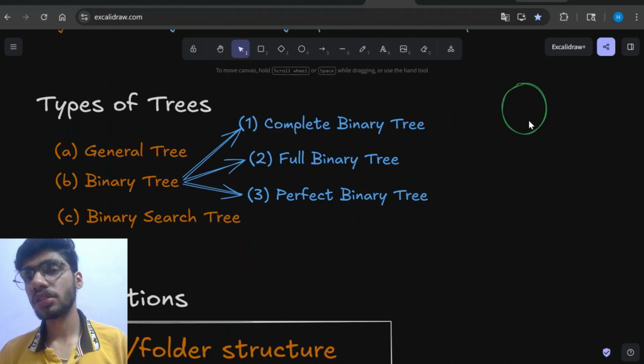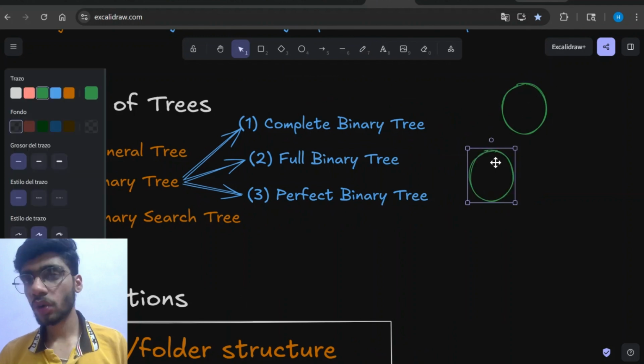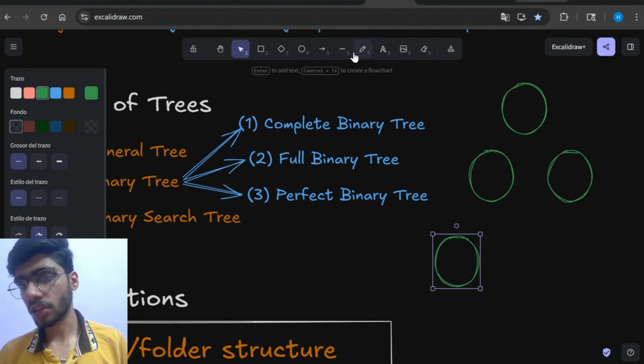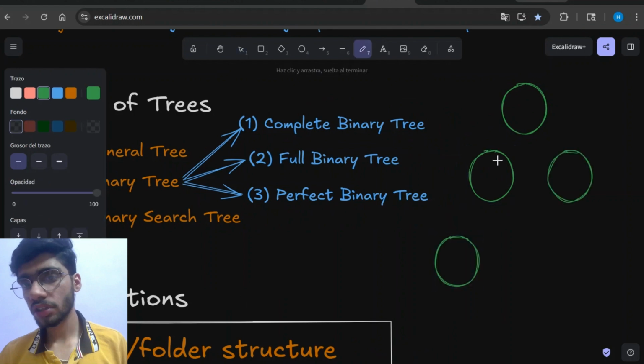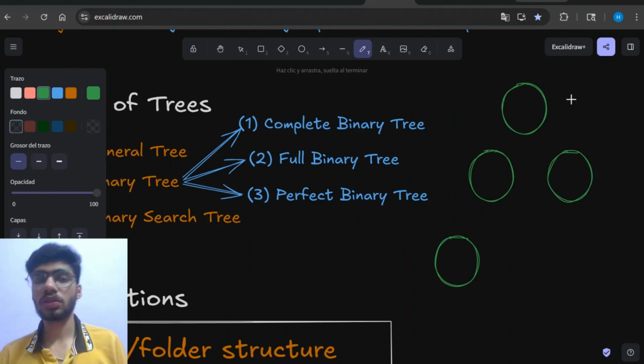Like this node, now this node, the next node comes here, and the next node comes here. The next node can't come here; it can come here. In this way the complete binary tree is filled from left to right. This is an example of a complete binary tree.